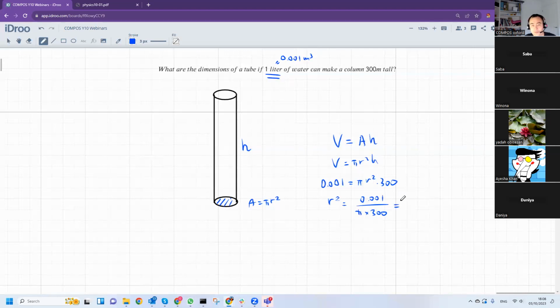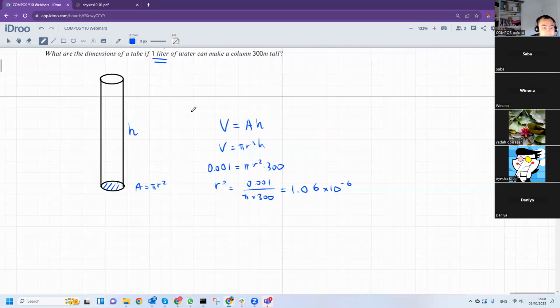So that's equal to 0.001 divided by 3.14 divided by 300. That gives us 1.06 times 10 to the minus 6 square meters, which is 1.06 millimeters squared.